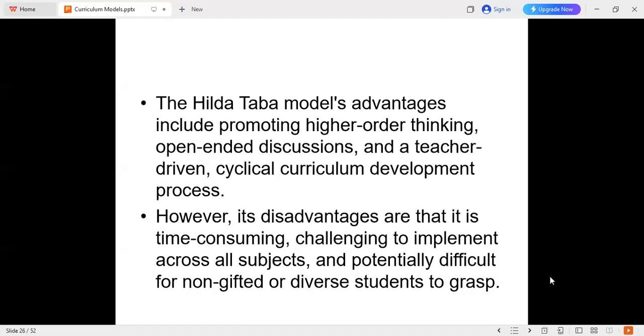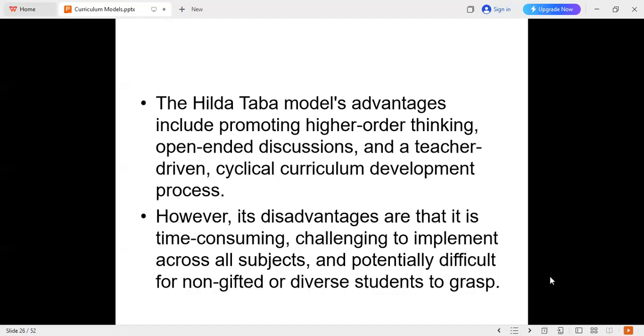You might have learned Bloom's taxonomy. We use only the bottom level learning outcome. We work only for that.